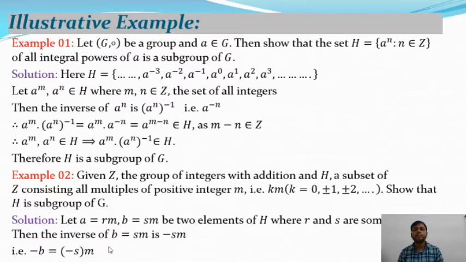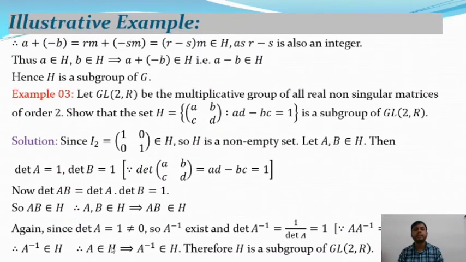Then the inverse of b is equal to minus sm. Okay. So therefore minus b is equal to minus s into m. So from this, a plus minus b is equal to r into m plus minus of s into m.